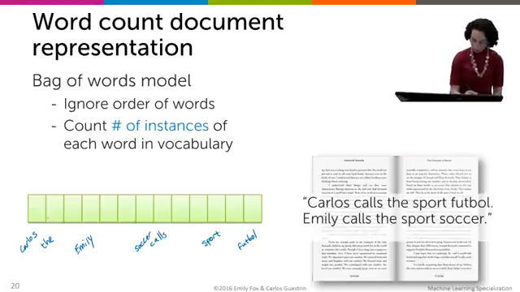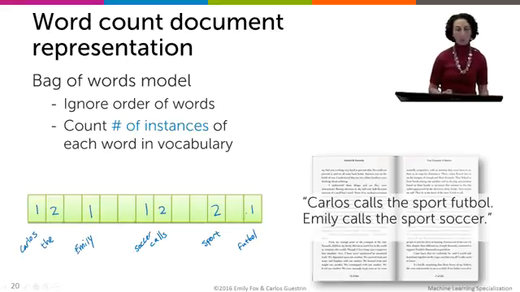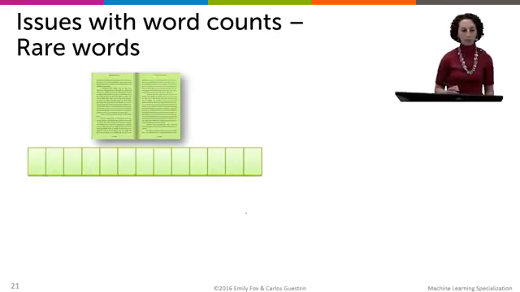So let's see, we have one count of the word Carlos, two counts of the word the, one count of Emily, one count of soccer, two counts of calls, two counts of sport, and one count of football. So this would be our word count vector representation of this very simple document here.